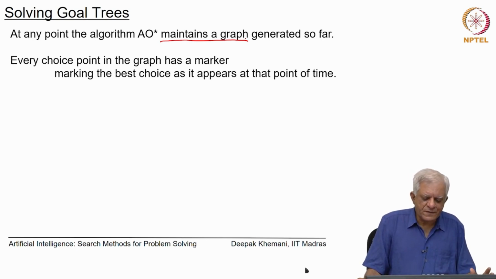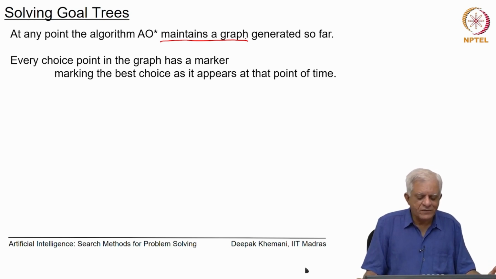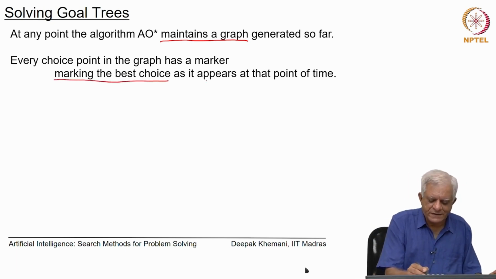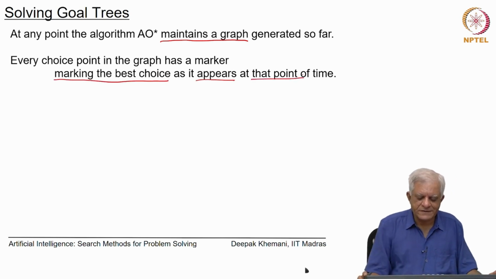So, this is one thing where it is different from the other approaches. Every choice point in this graph, remember that we have these hyper edges or hyper arcs coming out of nodes, has a marker which tells you, as far as the analysis you have done so far, what is the best choice at that point of time.